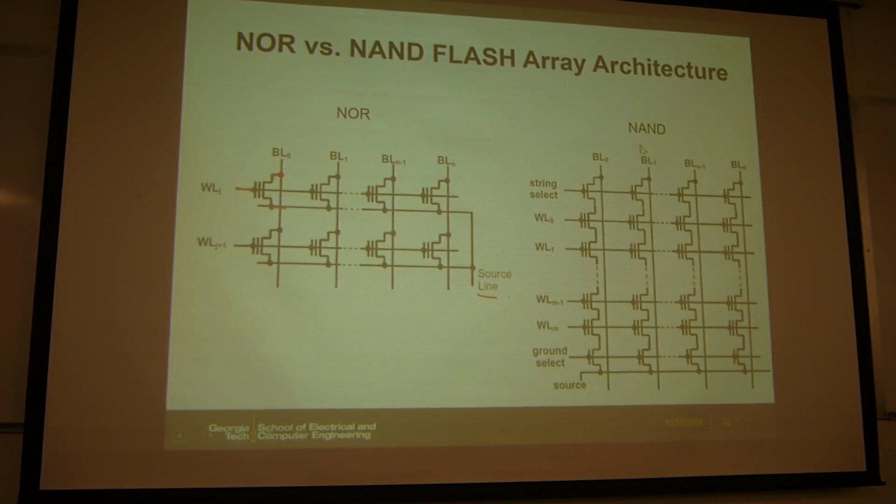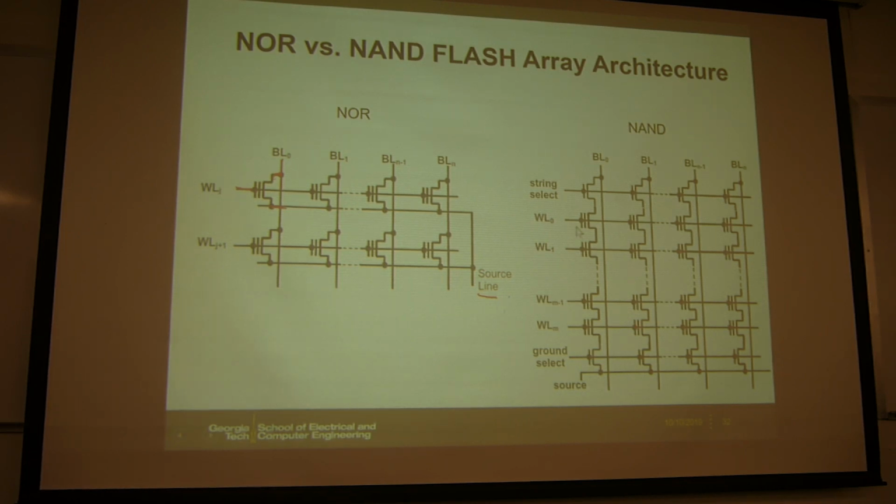So the NAND, okay, is a little bit different. In the NAND, those floating gate transistors are in series. Here you see they are in series, controlled by different word lines. So it's like you have a string, and for those transistors, if it's in logic circuits, for the pull-down network NMOS, if you have the transistors in series, it's NAND logic. So this is why this is called the NAND.